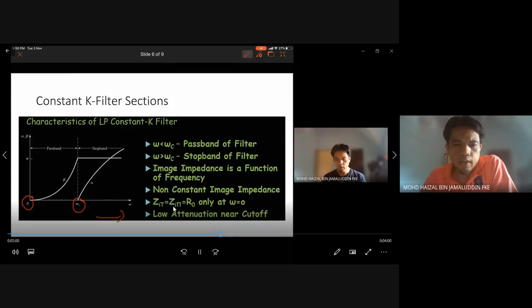The values of ZIT and ZI pi, so this is the image impedance for input and output, are equivalent to R0 only at omega equivalent to 0. And it has very low attenuation near the cutoff frequency.